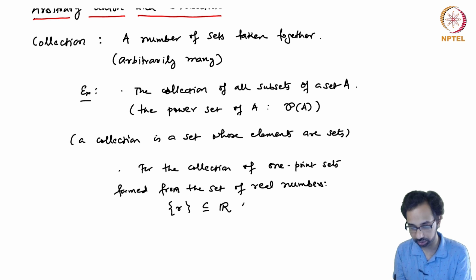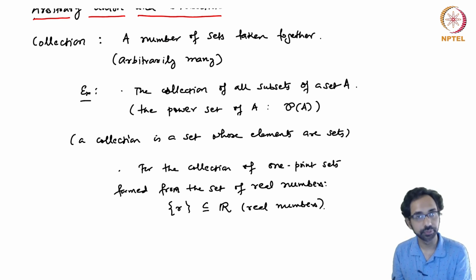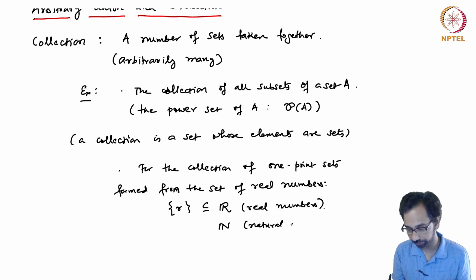Okay, so this is the set of real numbers, and the collection of all these sets is infinite, because you have infinitely many real numbers. And in mathematics, we also distinguish between the types of infinities. For example, you can have the set of natural numbers as well.